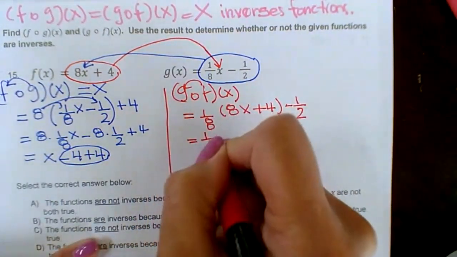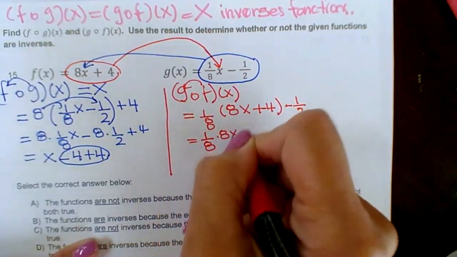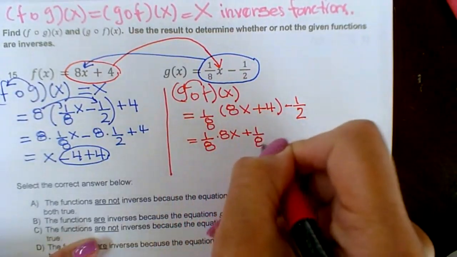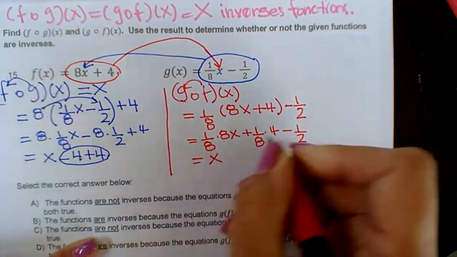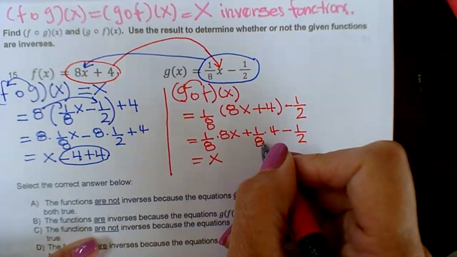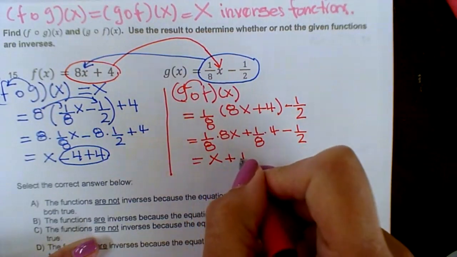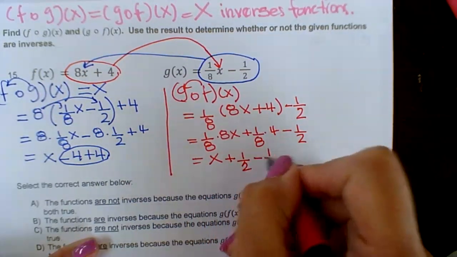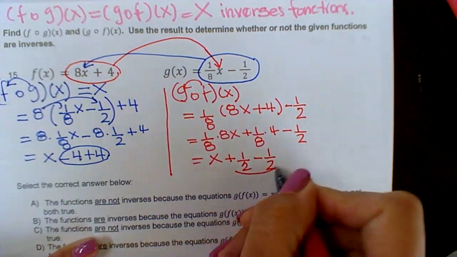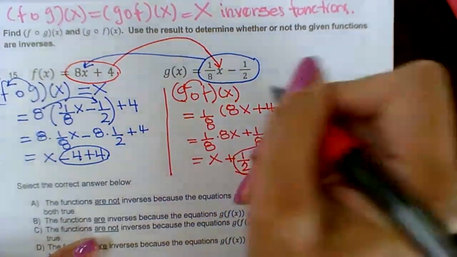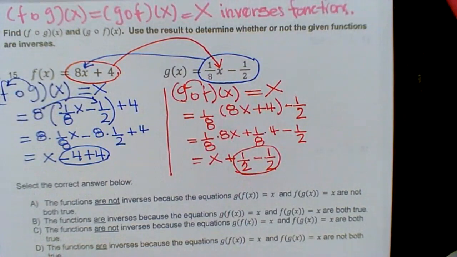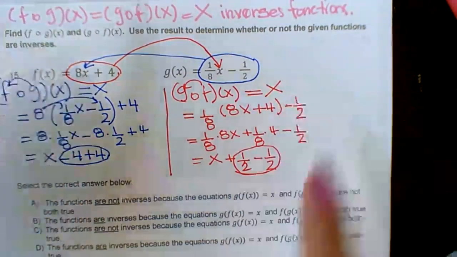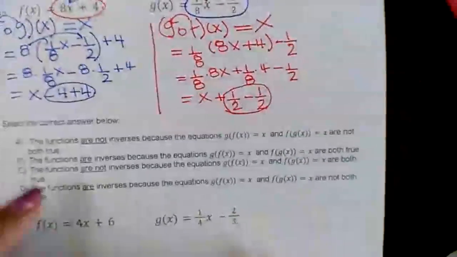I'm going to distribute the 1/8. So this is x. 4 divided, no, this is going to be 1/2 minus 1/2. This makes a 0. So they are inverses, right? Because they both are equal to x. So let's go and see the answer.